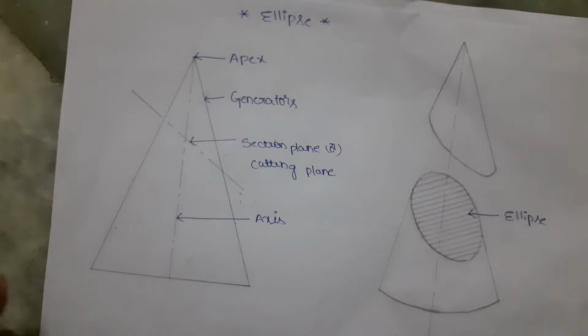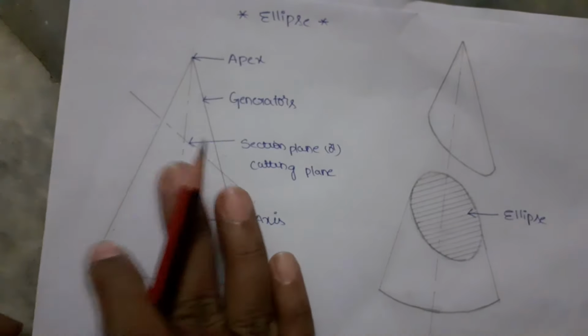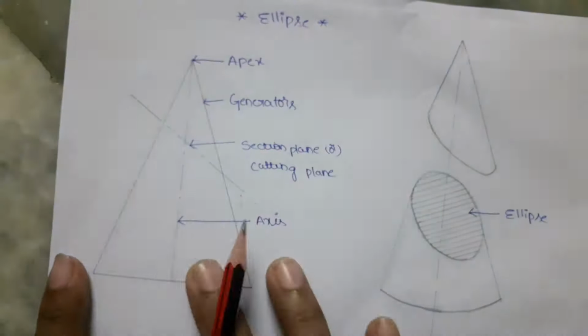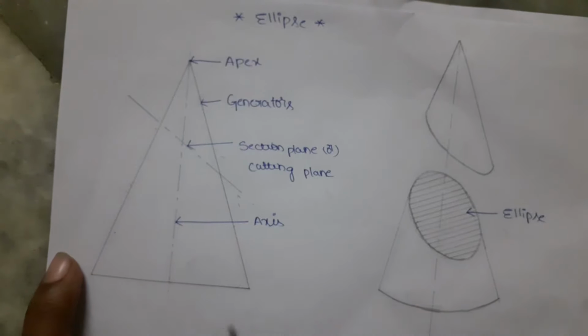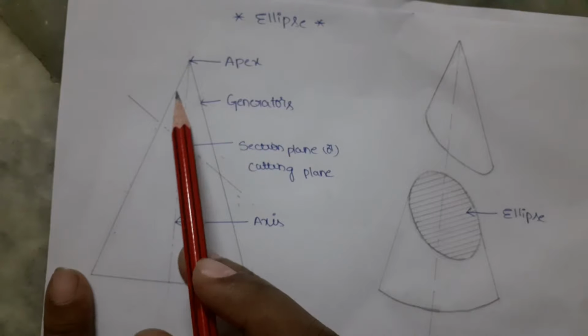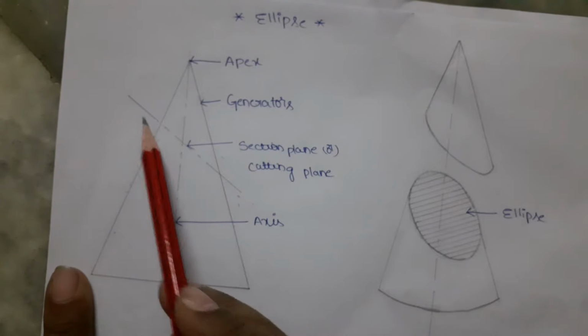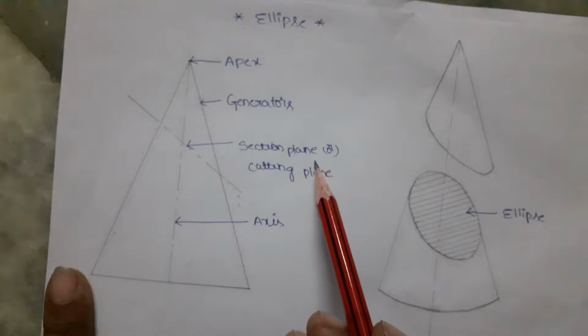Coming to the ellipse, we'll consider a cone with all these parameters. If you cut the cone, this is the section plane. The section plane is nothing but a cutting plane.